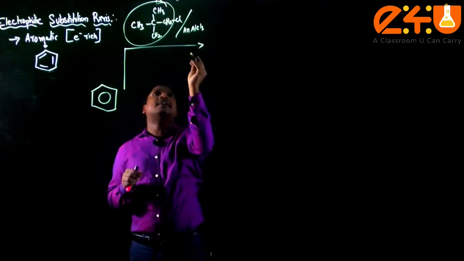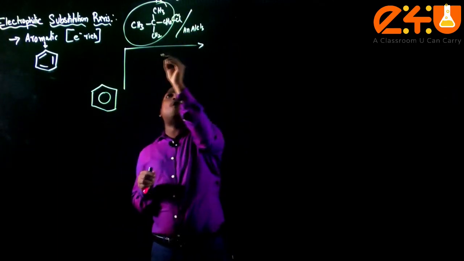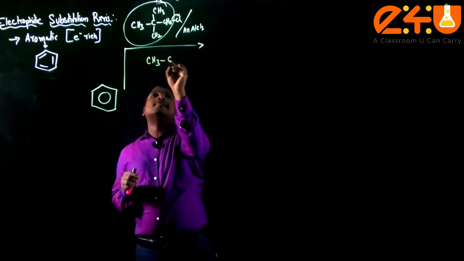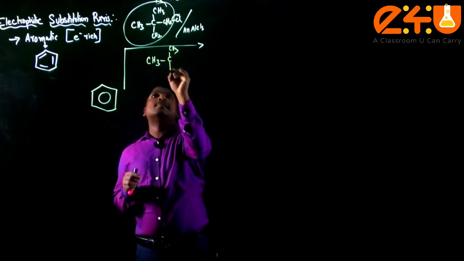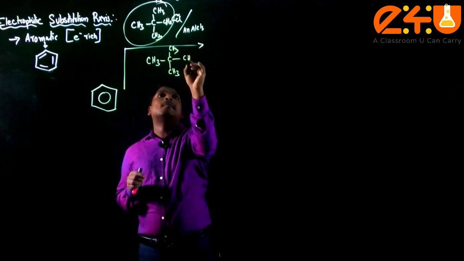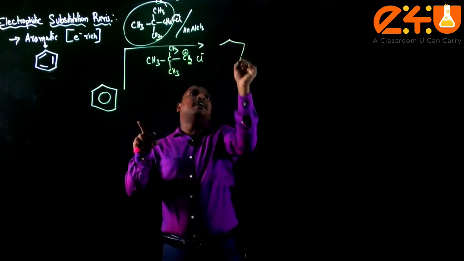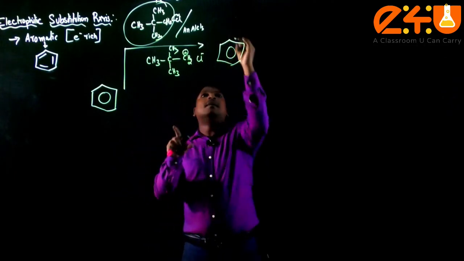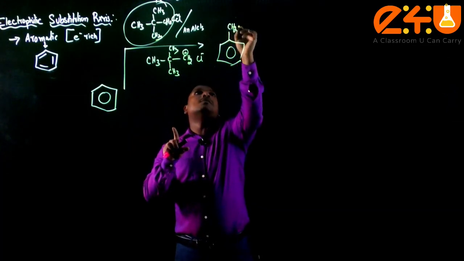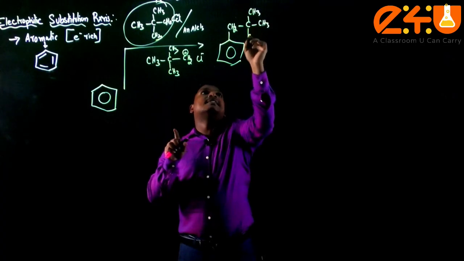So on treatment with anhydrous AlCl3, they'll remove this and try to form this electrophile and substitute it. So you will be getting this compound, CH2, C, CH3, CH3, CH3.